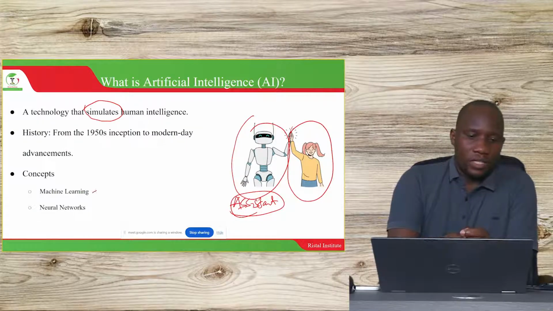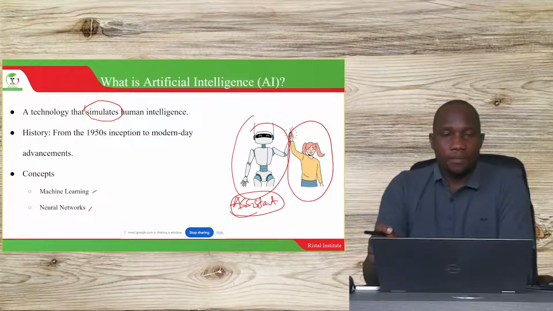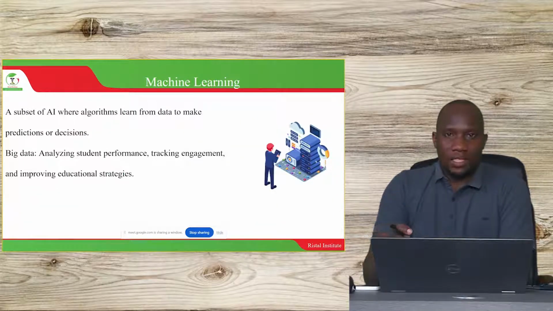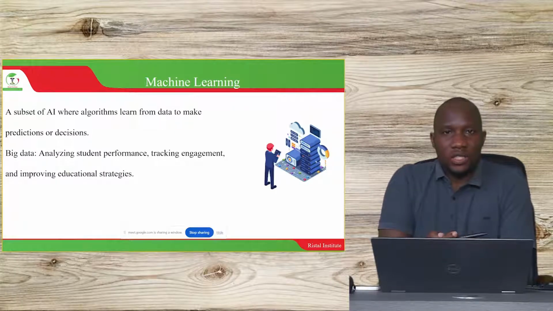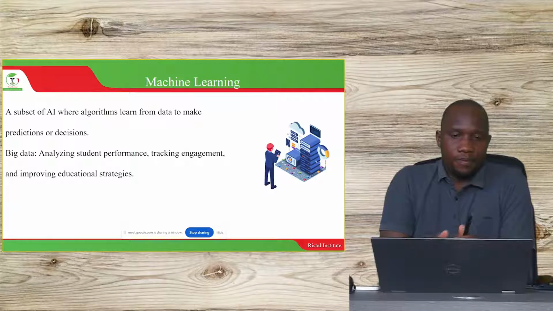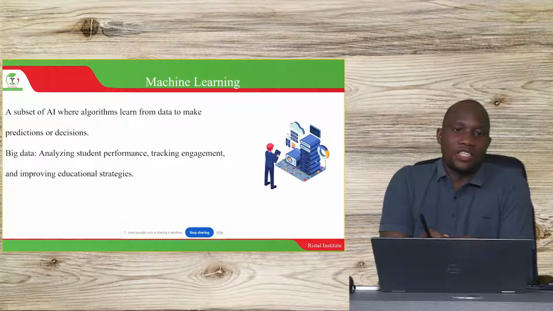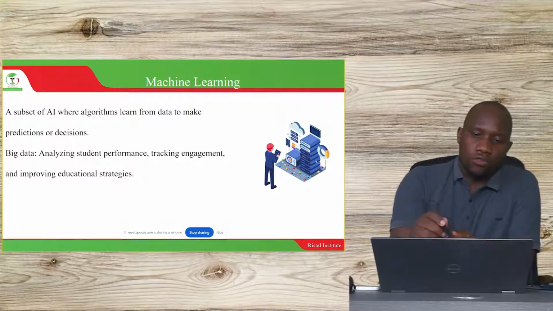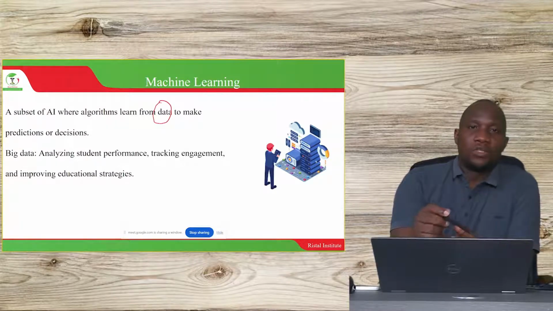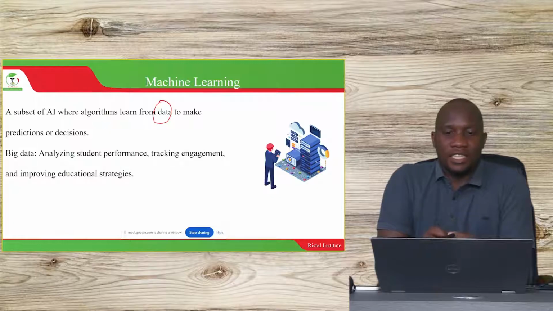Okay, so for purposes of this presentation, I want you to be familiar with just two concepts. One is what we call machine learning, and then the second one is neural networks. If we understand this, I believe that our conversations will be a little smooth. So when we talk about machine learning, we are basically referring to AI systems that are trained on a lot of data, which we call big data.